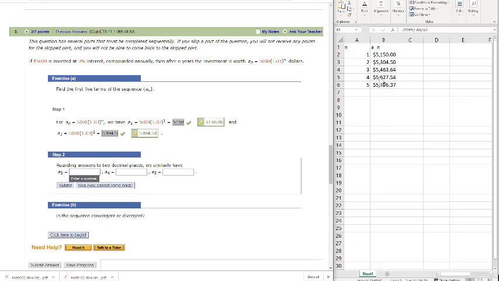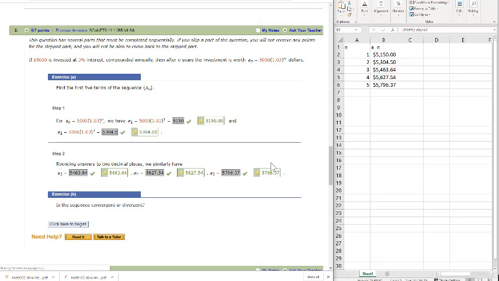So our A3 is 5463.64, our A4 is 5627.54, and then our A5 is 5796.37. Okay, so that's just a little bit of a quick way to do this, and accountants use Excel. Some of them do, and then they are able to find values like this really quickly. So that's kind of practical.